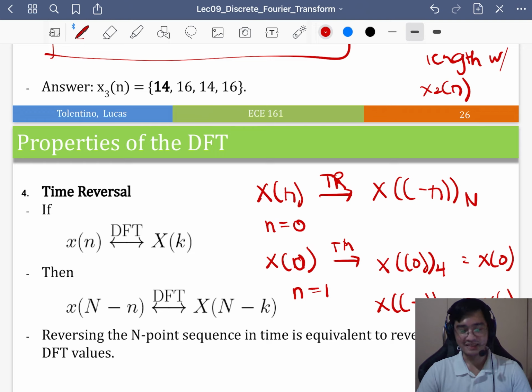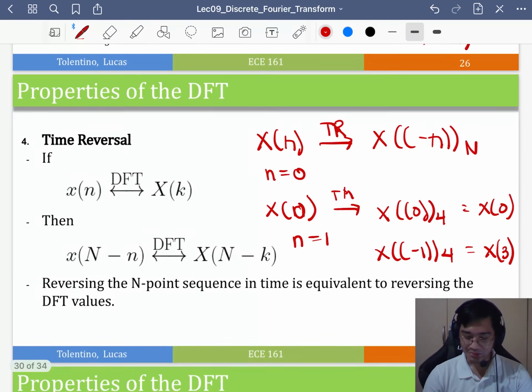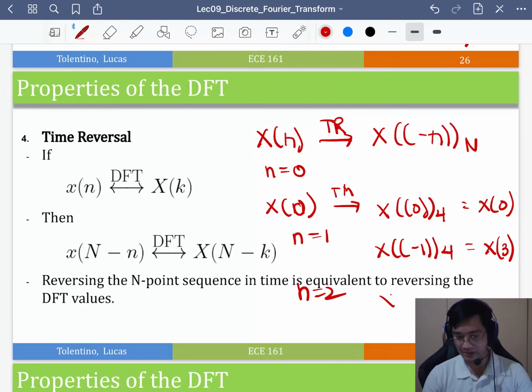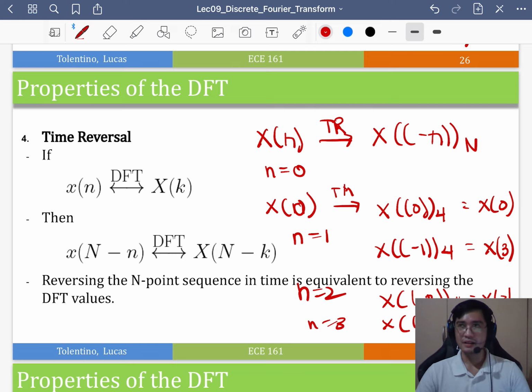I hope you understand. How about n is 2? x of negative 2 modulo 4 is the same. And finally, n is 3, x of negative 3 modulo 4. What is negative 3 modulo 4? That is equal to 1.